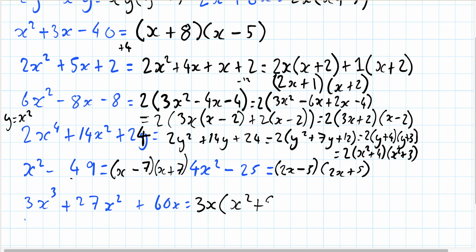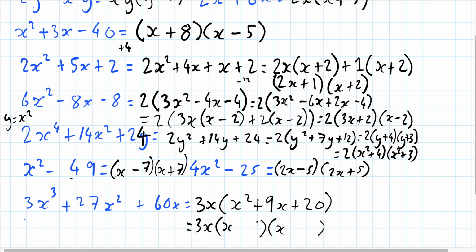So 9x plus 20. That's it factorized, and that equals 3x bracket x. So I need two numbers that multiply to give 20 and add to give 9, which is plus 5 and plus 4. And that's it, fully factorized.